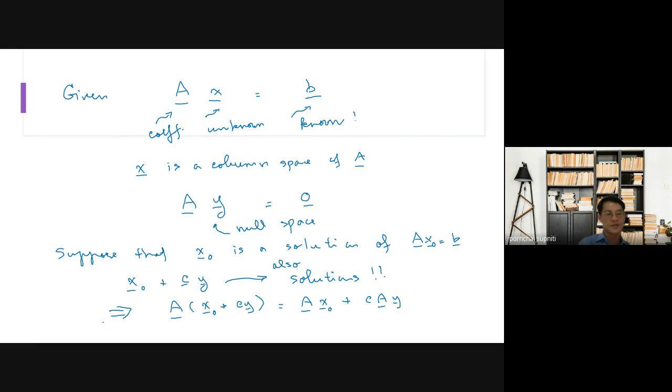Because y is in the null space of A, this is 0, so the result is equal to b. This is our approach in computing all the solutions for a general linear system.